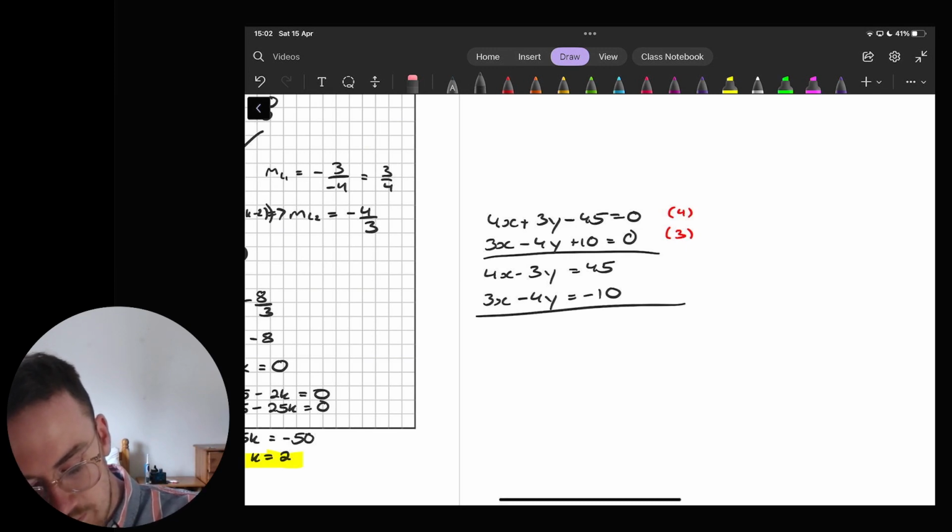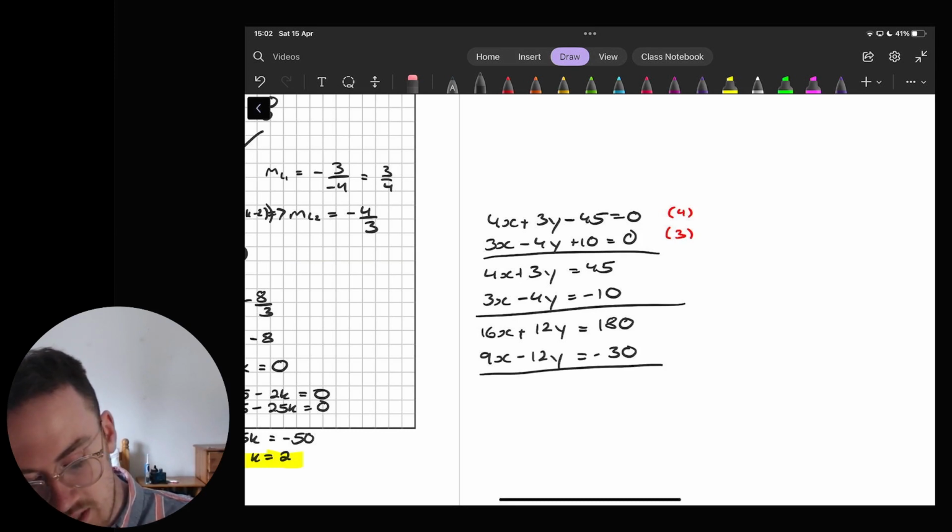Okay, so that's going to give me 16x minus 12, or sorry, plus 12y now. So plus 12y equals 45 by 4, which is 180. And 9x minus 12y is equal to minus 30. Okay, so that gives me 25x is equal to 150, and x is equal to 150 divided by 25, which gives me an answer of 6.